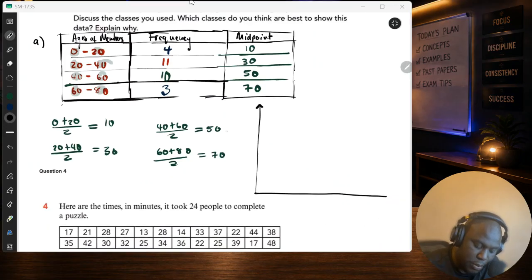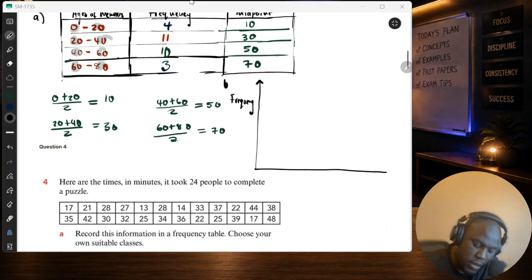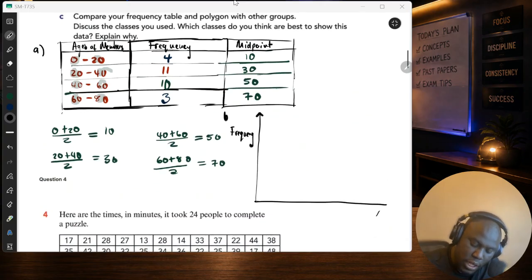Let's do our frequency polygon. What goes here? Frequency. This is our part B now. Frequency goes here. What goes here? Age of members. Now, remember, for frequency, we start at 0.